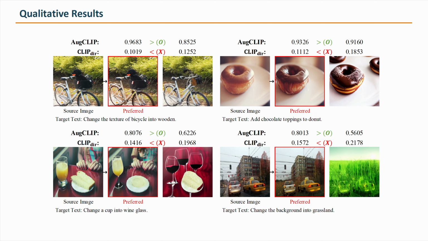For example, when the prompt is add chocolate toppings to a donut, OutClip favors images that retain the shape, color, and context of the original donut while making the requested change. Directional CLIP similarity may favor a completely new donut if it resembles the prompt more literally.